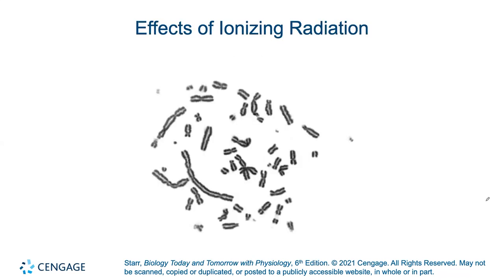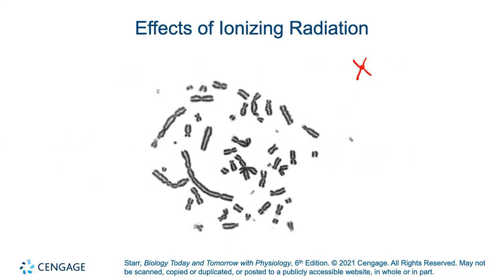Now, if we look at ionizing radiation, you can see damage to these chromosomes in human white blood cells. Very few have the normal shape that you would expect from a duplicated chromosome, where we have a duplicated chromosome here, its sister chromatids over here.